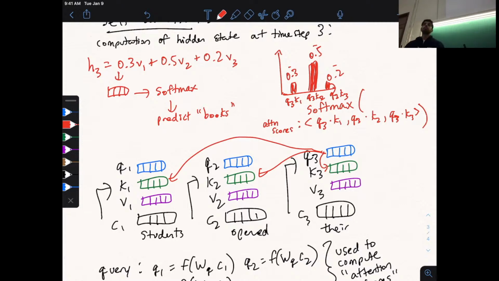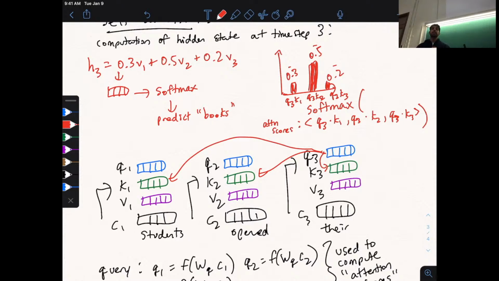Yes? What do we do about the parallelization if we are predicting one word at a time? Since we have to first predict one word to get to the next. That's a good question. So the question is, let's say we're generating a piece of text. How are we going to parallelize across different time steps when we haven't even generated word 4 yet in order to generate word 5? So basically, this parallelization can only happen at training time, not at test time.